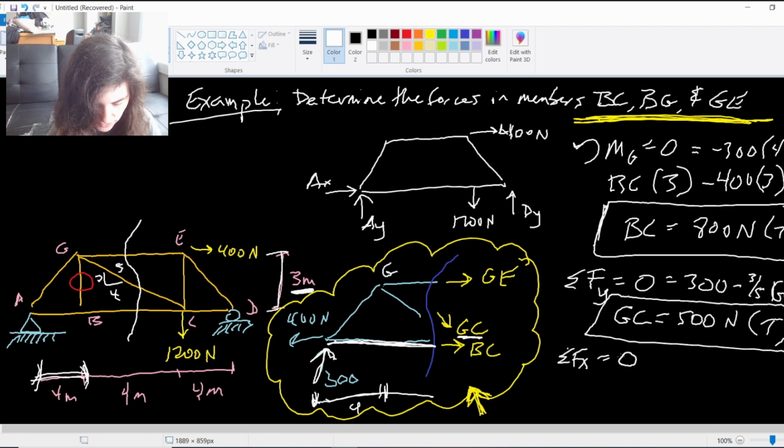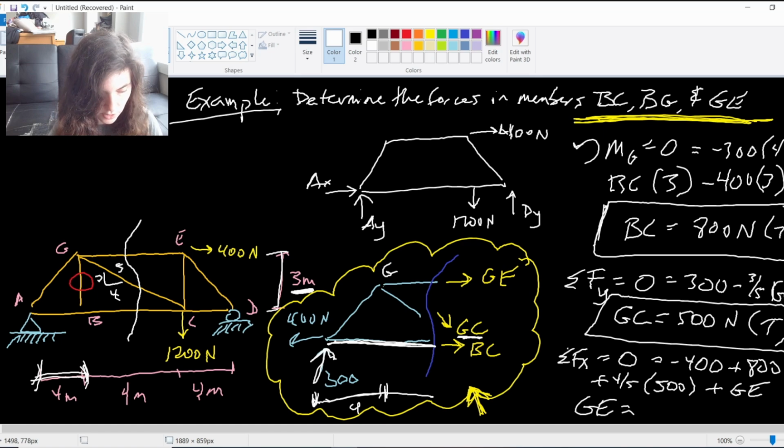And then my last equilibrium equation, right? 3 unknowns, 3 equations, summation of my X forces. It's going to be that 400 Newton applied force, negative since it's going in the negative X direction, plus BC, which we already solved, that was 800, plus the X component of GC, 4/5 times 500, plus our last unknown, GE.